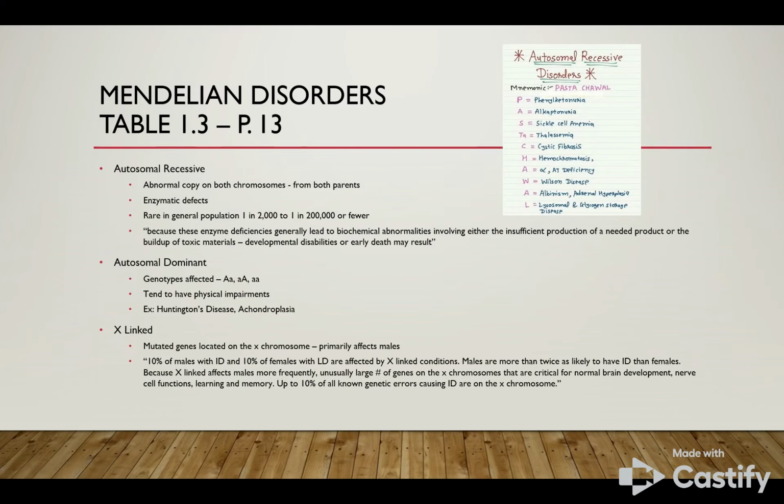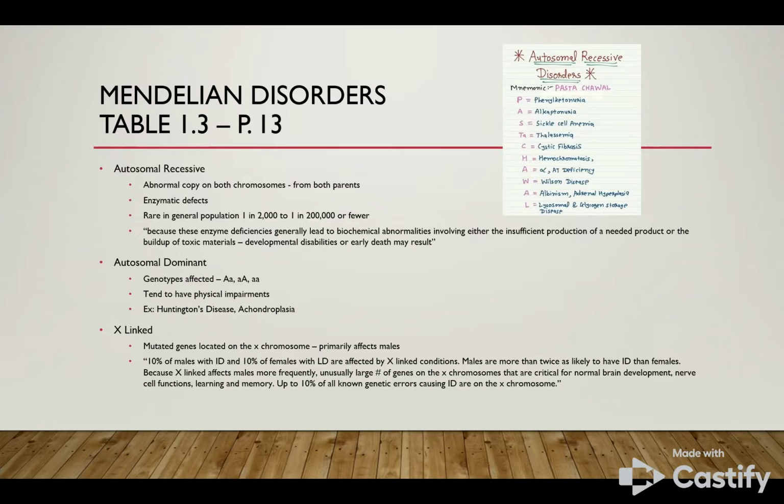Maybe both parents are carriers for some type of disorder, and the parents might not know that they're carriers, and they come together, and this recessive piece from both parents is expressed in their child.